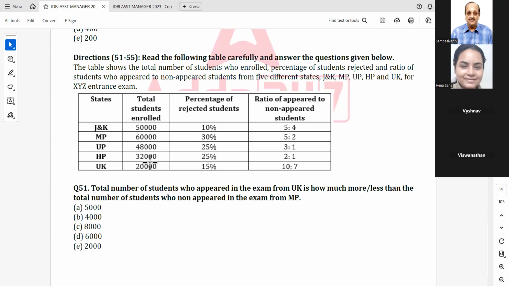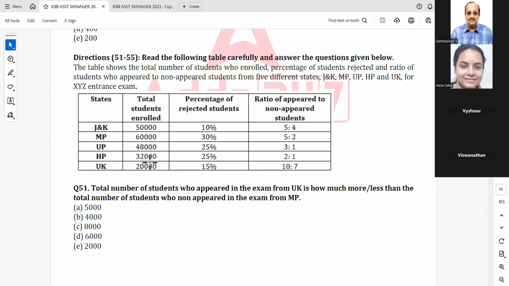Correct. You are 100% correct. Sorry. 32,000, in that 25%, that is 8,000 only. Correct. So that means 30 by 8 into 100.